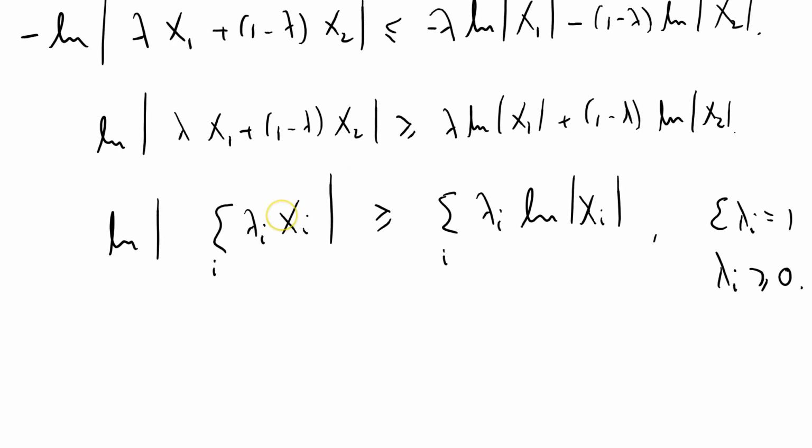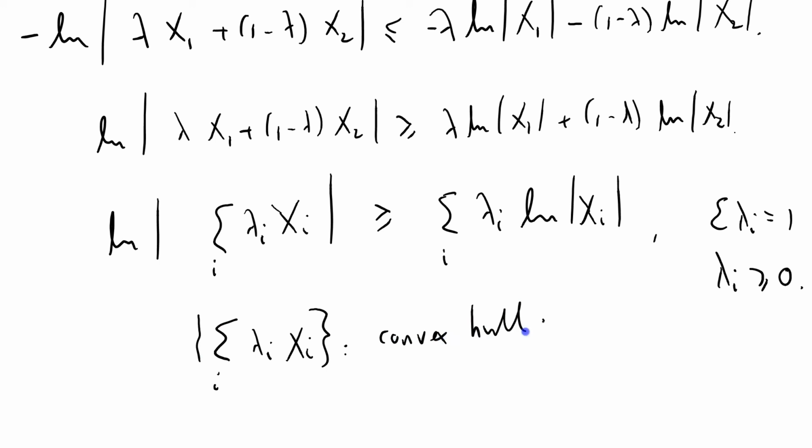So you can't draw this because we're in this peculiar space of matrices, but it's quite clear what's going on. Sigma i lambda i xi for some choice of lambda, or that set at least, is the convex hull of x1, x2 up to xn, where the xi's are square matrices.